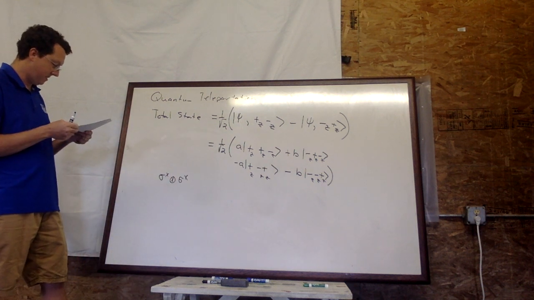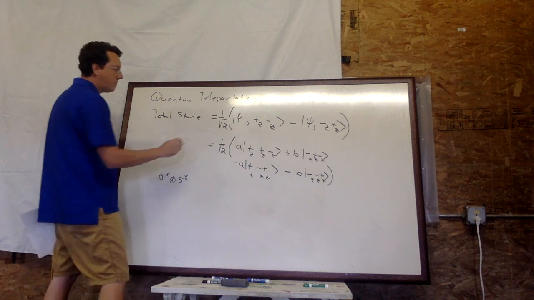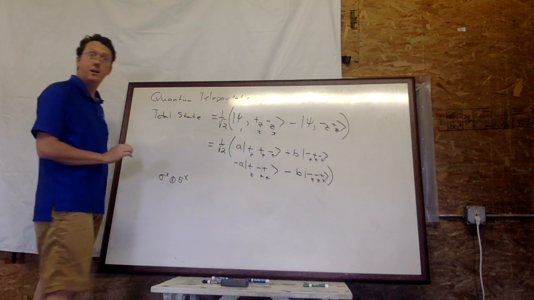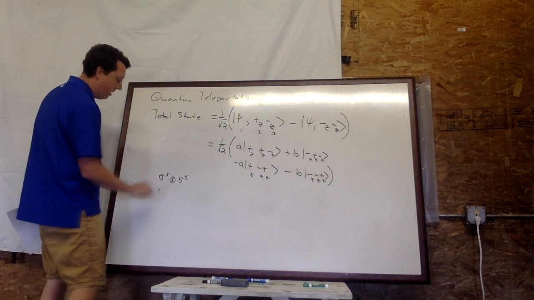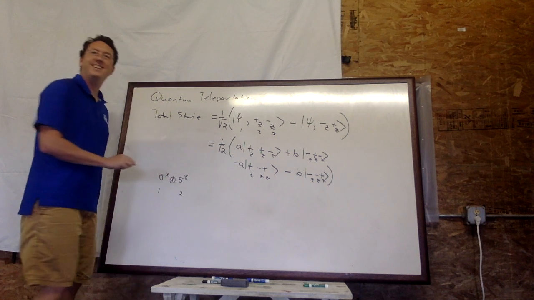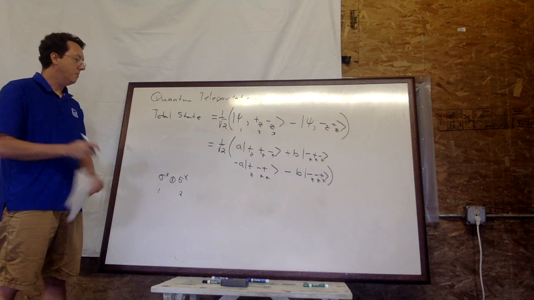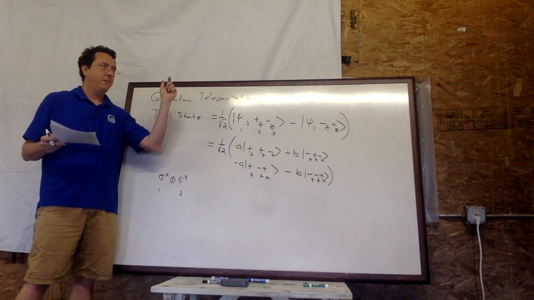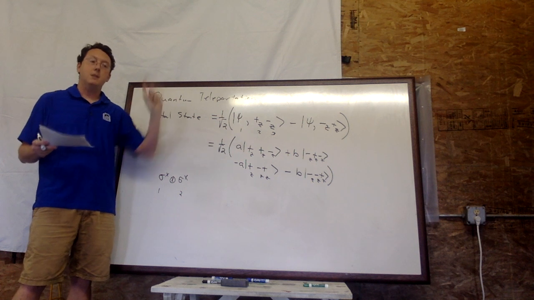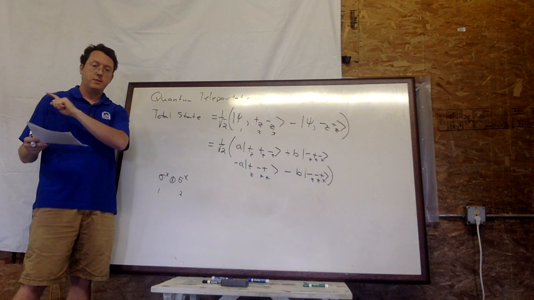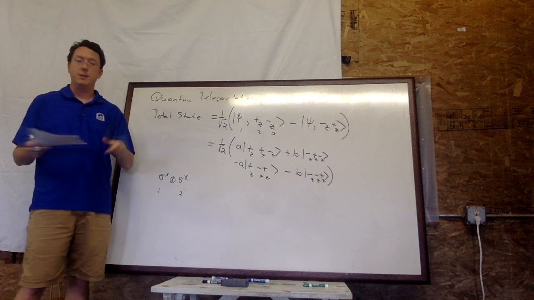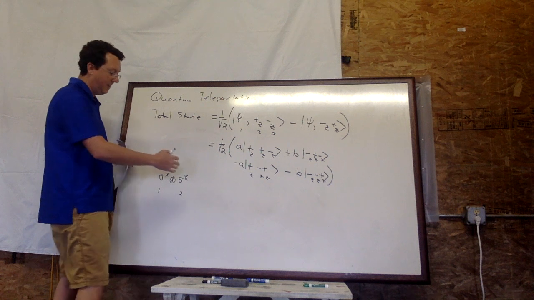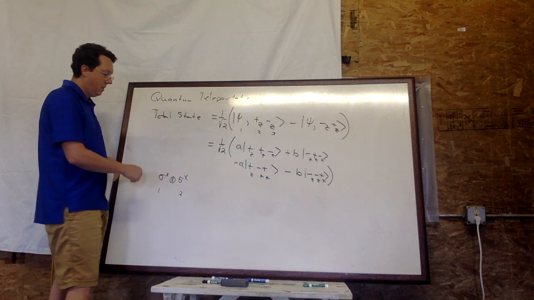If I label these slots as 1, 2, and 3, this acts on 1 and this acts on 2. In the notes, because I thought we might be a little more formal with tensor products, I worked it out explicitly and wrote the answer down in that language.